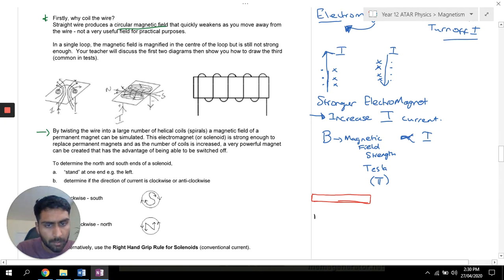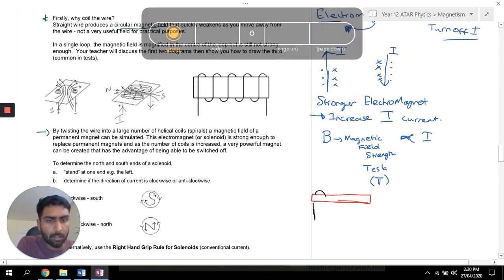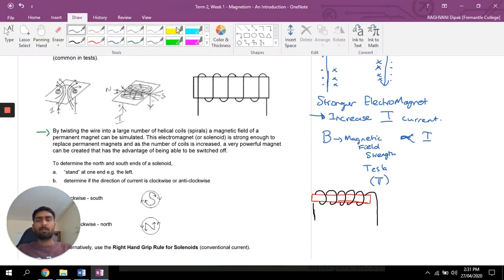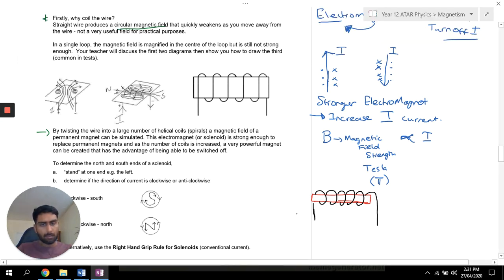You can pretend that one end of this is coming in and it's coiling around, coiling around, and the last coil is coming down like that. I'm going to say that the current in this wire is going in this direction, so it must be leaving in this direction.